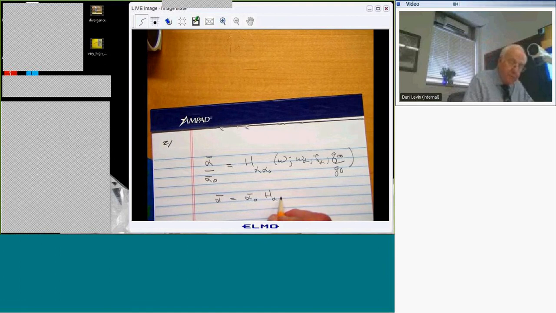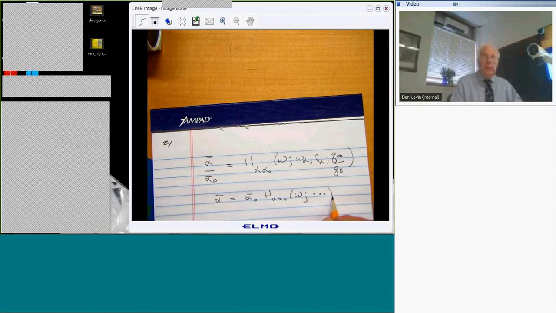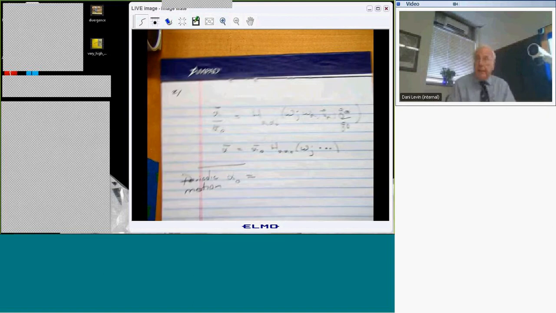I won't always write all the things that the transfer function depends on, right? Although maybe in this case I should at least let you know it still depends on omega. But now let's say alpha naught is a little more complicated. I now want to look at periodic motion, which is a result of periodic inputs and periodic outputs.